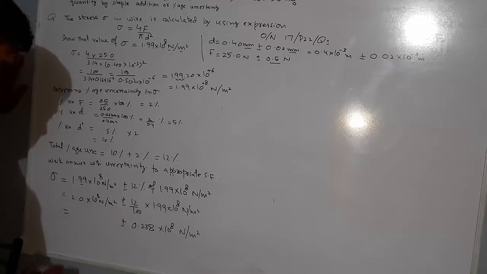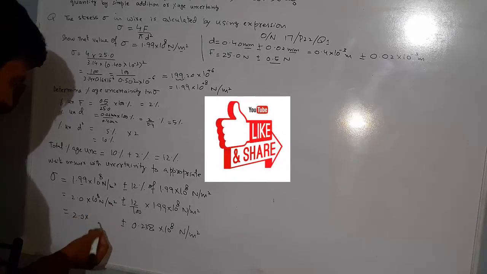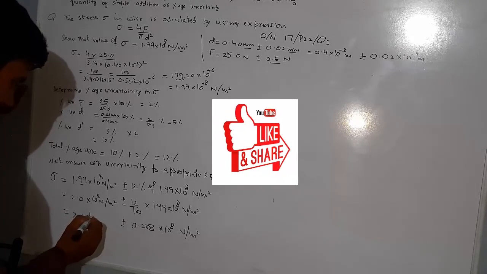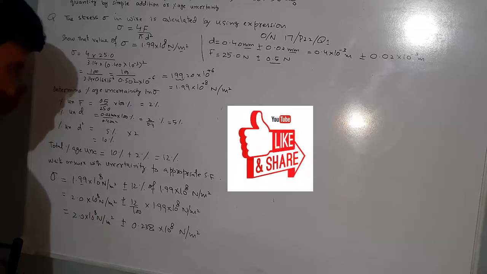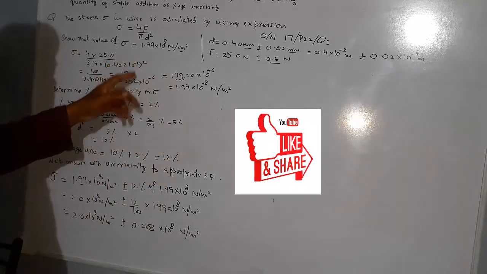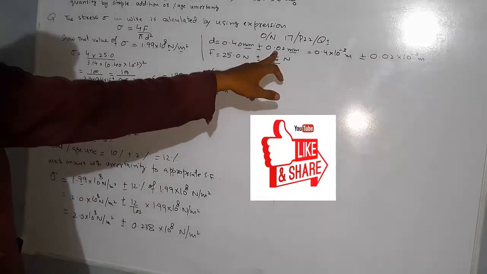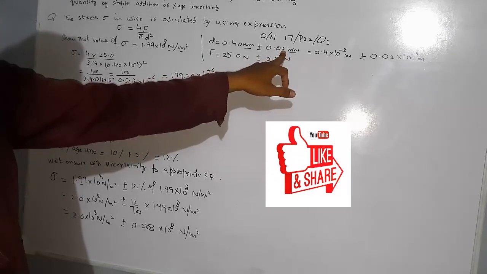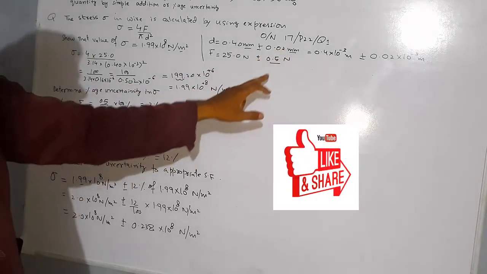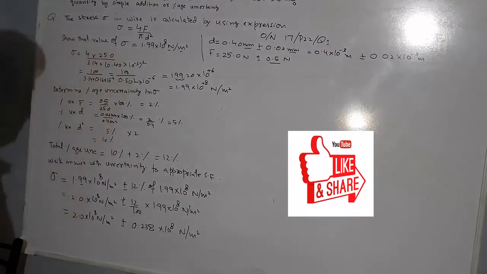Okay. Now the final answer on the uncertainty, or absolute uncertainty, we can write with appropriate significant figure. So we see how many significant figures are there in the absolute uncertainty. Here we have one significant figure, and here also we have 1 significant figure. So the final answer must have 1 significant figure.